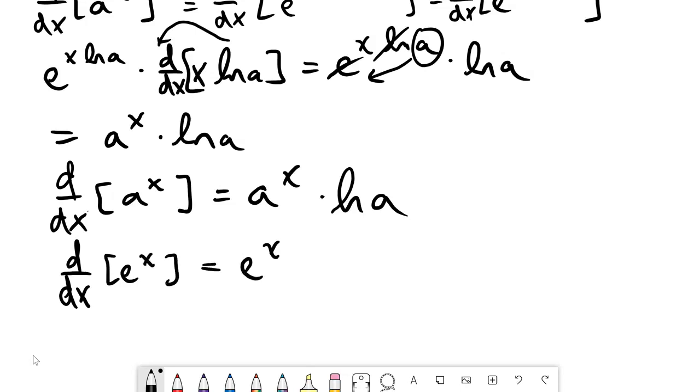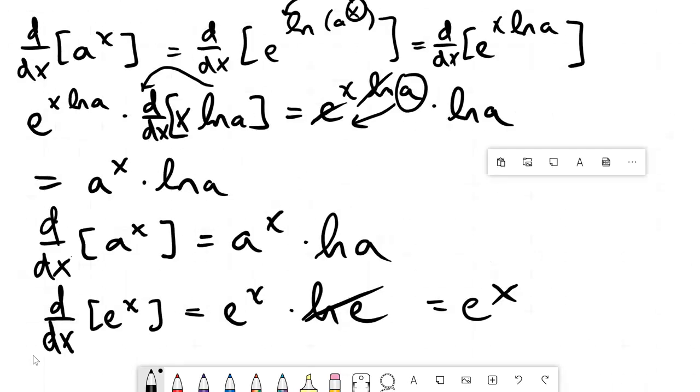So we get e to the x times natural log of e. Natural log of e is 1, so we're left with e to the x. So this is a true statement. It double checks us, because we know the derivative of e to the x is itself. So the derivative of a to the x is just itself times the natural log of the base.